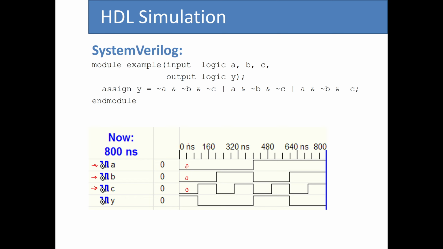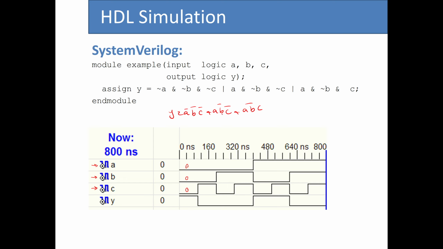So for that function, y equals a bar, b bar, c bar, or a, b bar, c bar, or a, b bar, c. You see when a, b, and c are all 0, this term is going to be equal 1. And that's exactly the value for y, because this term is 1, this term is 0, and this one is 0 too.